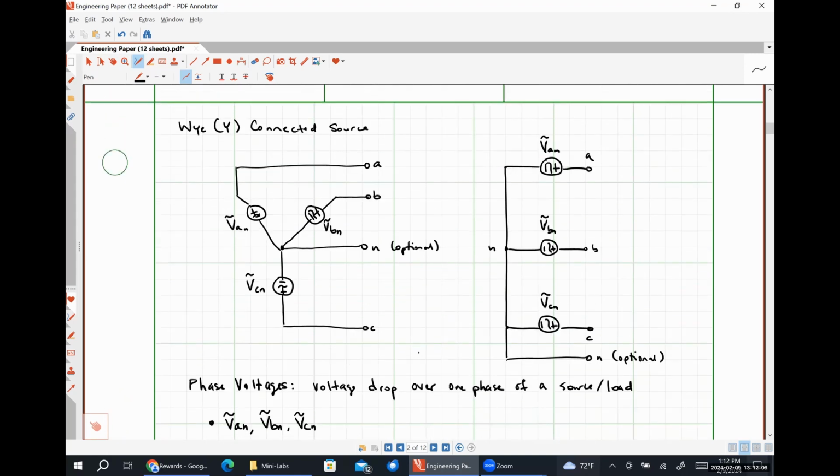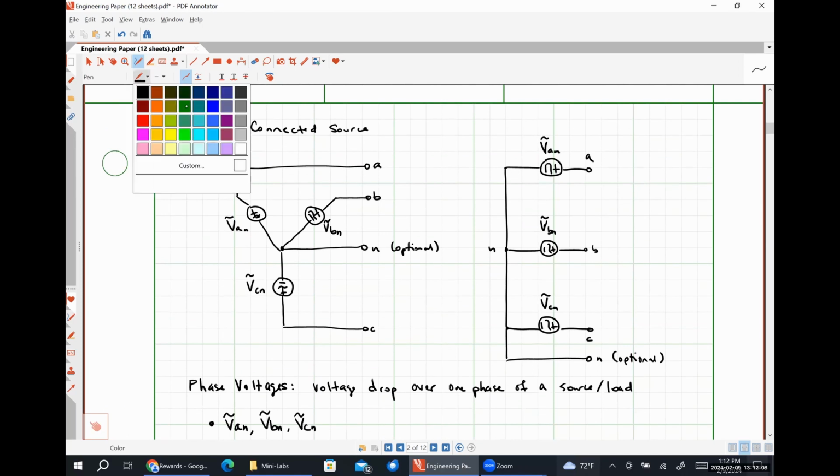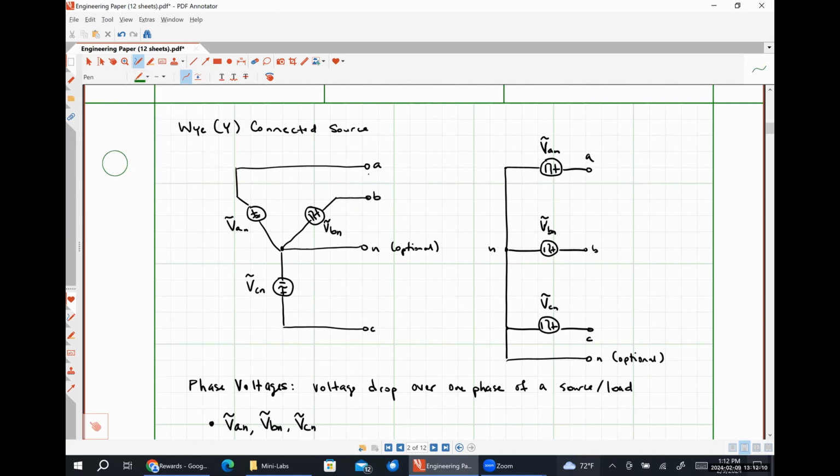I'm going to draw these in green. So this voltage that I'm putting right here, VAB, would be a line voltage because it's measured between the transmission line terminals associated with the A phase and the B phase.